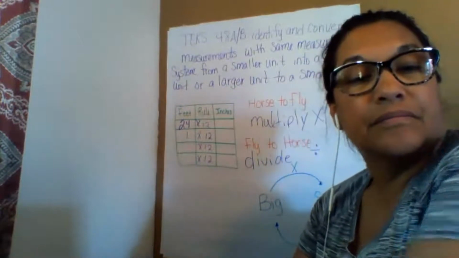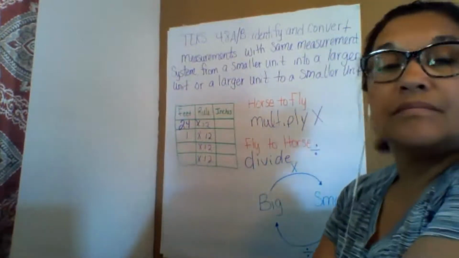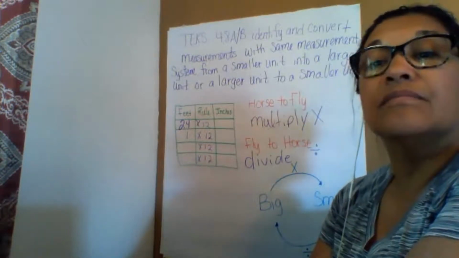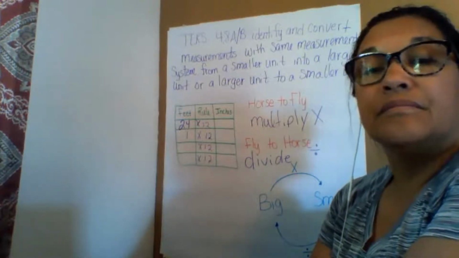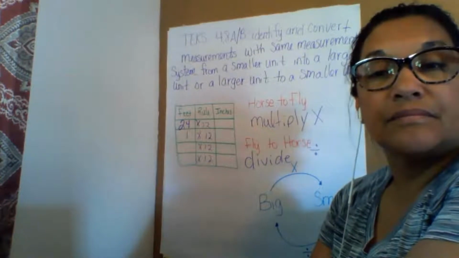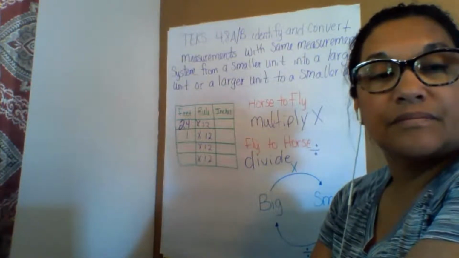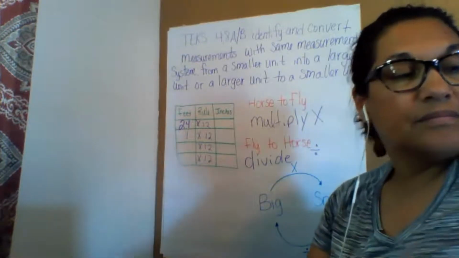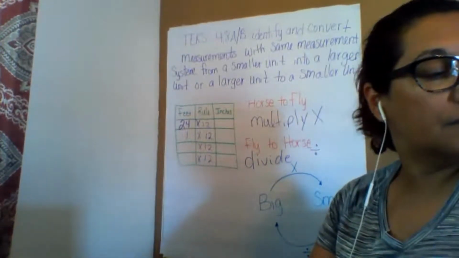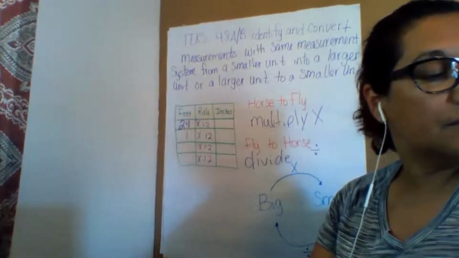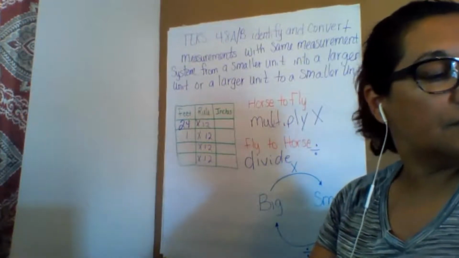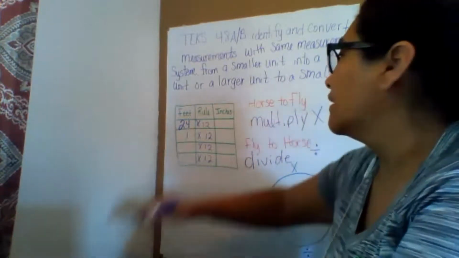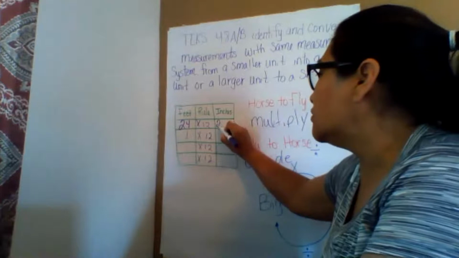Anybody? 2 digits times 2 digits? AJ? 288. Thank you, AJ, 288.